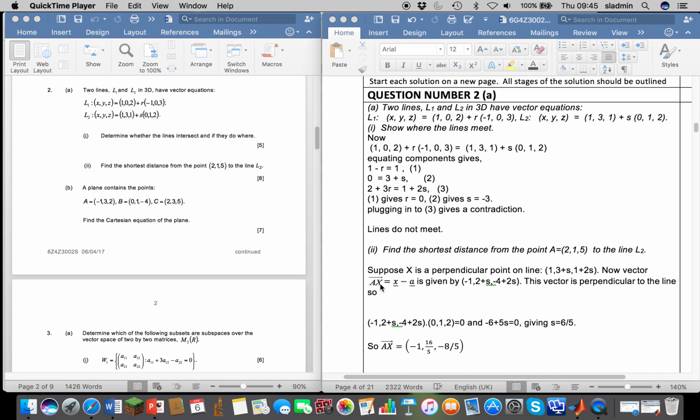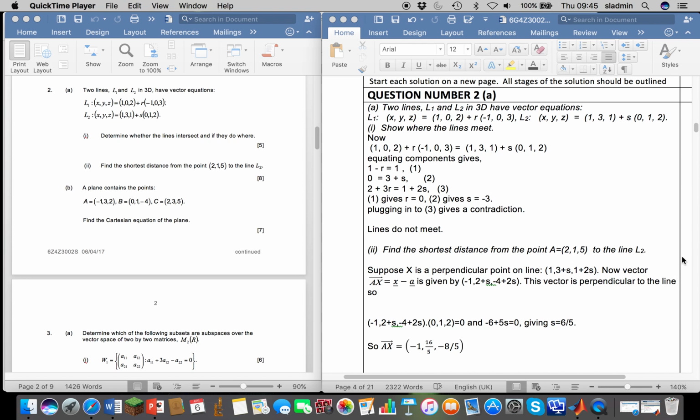So the vector AX would be X minus A. So we take this vector X and subtract the vector A, which gives minus 1, 2 plus s, and minus 4 plus 2s. This vector is perpendicular to the line, so this vector AX dotted with (0, 1, 2), which is this vector here, should give you 0. So minus 6 plus 5s equals 0, which means that s is equal to 6 over 5.